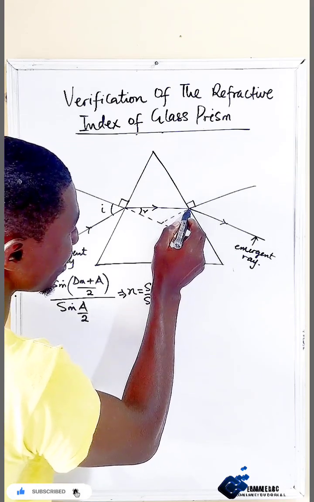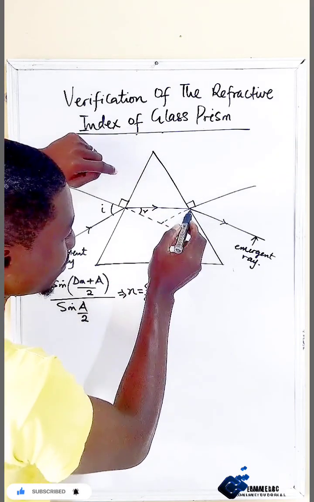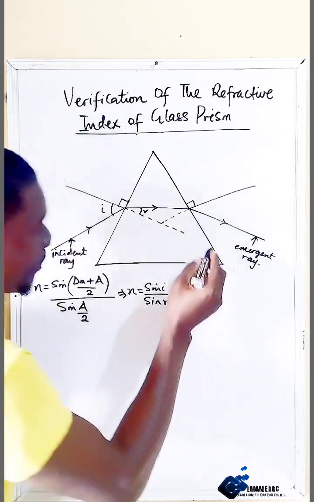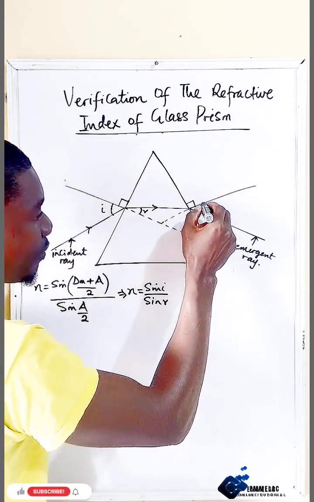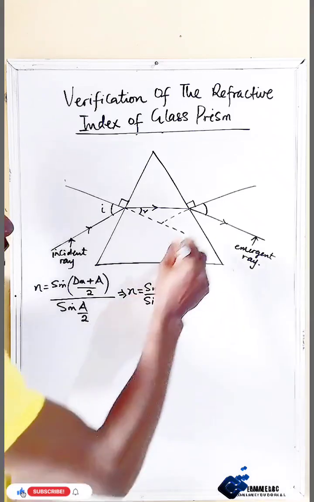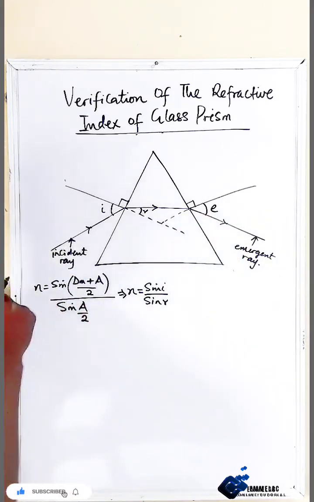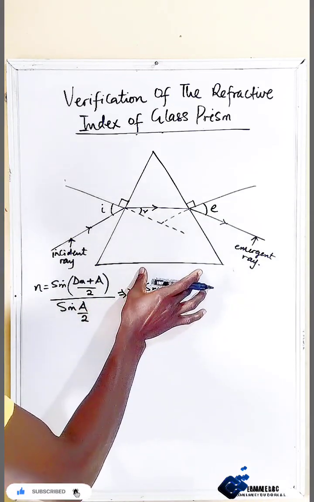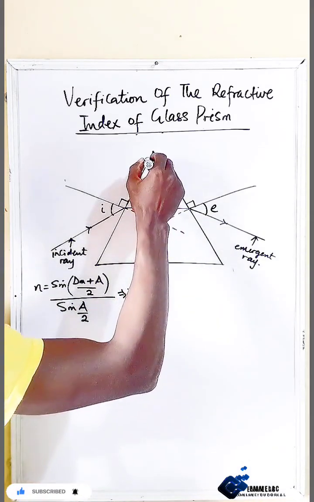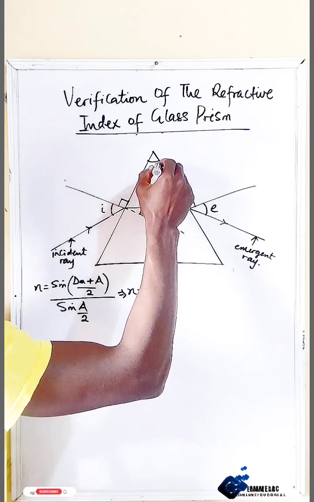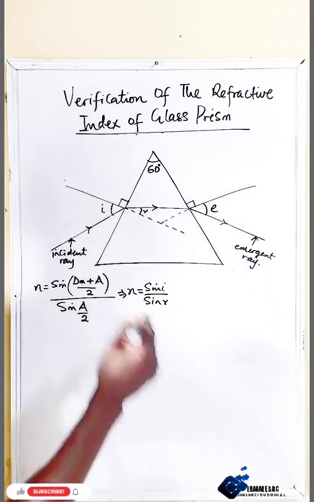On getting here, as it tends to leave the prism, it emerges out here, forming another angle. This is called the emergent angle. And this prism is an equilateral prism, which implies that this is 60 degrees from the equilateral triangle.